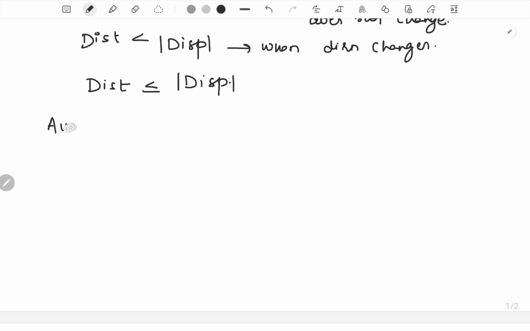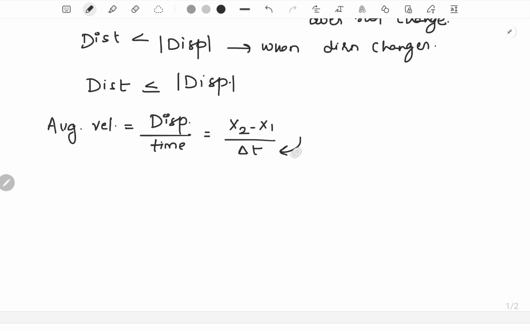Coming to the definitions, we define average velocity as displacement divided by time taken, or change in position divided by time taken. Let's say in a time interval delta t, the particle went from position x1 to x2.